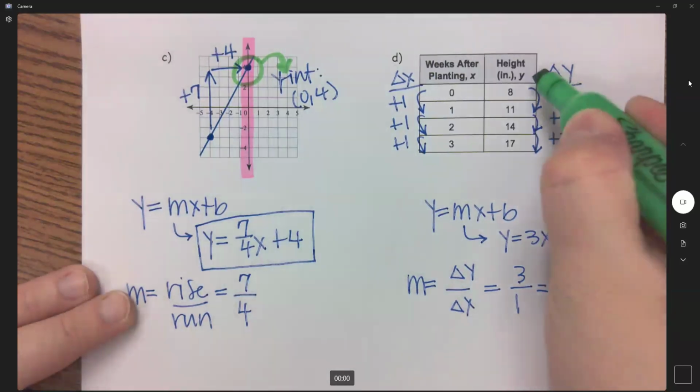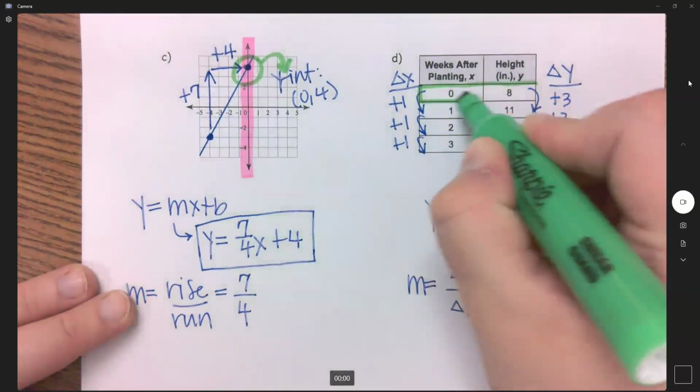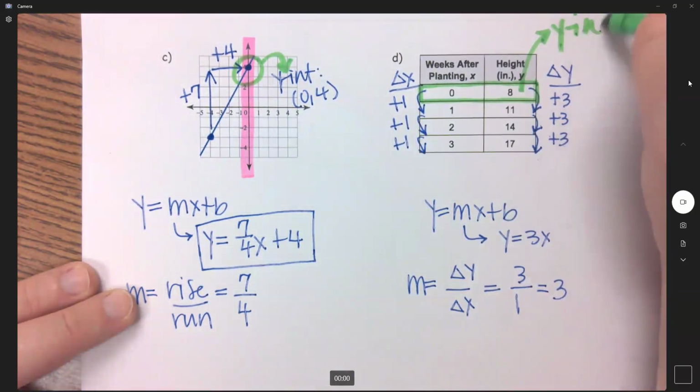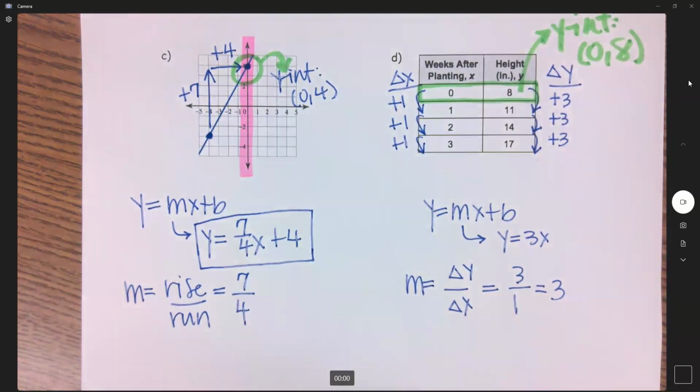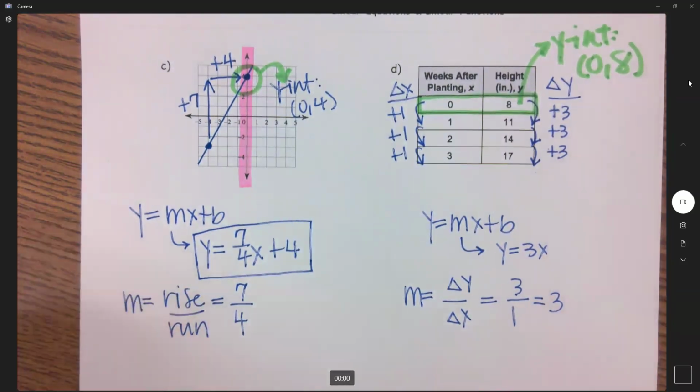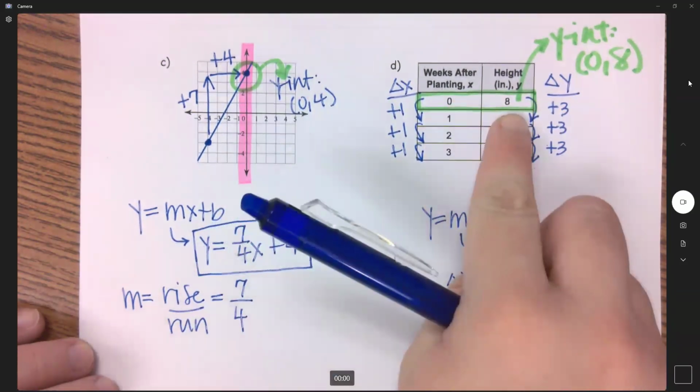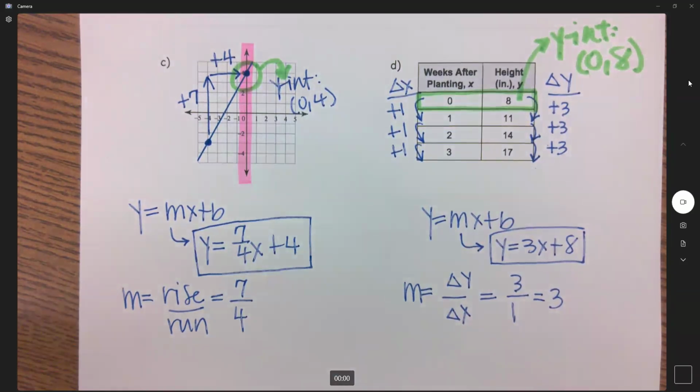So my y-intercept is at 0, 8. So there is my b. Now, if I didn't have 0, comma a number, that wouldn't be as straightforward, but you should be given that y-intercept based off of that table.